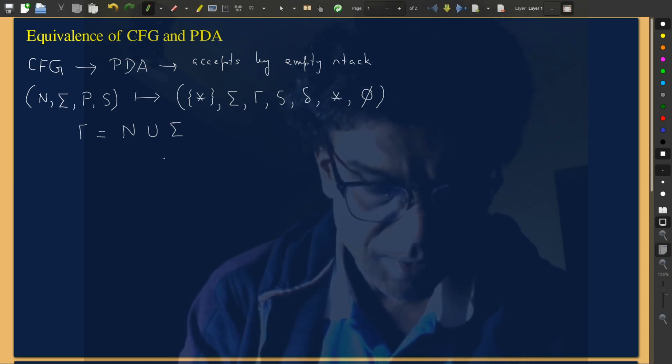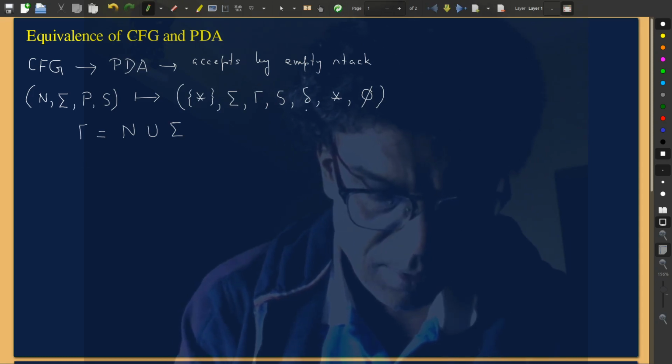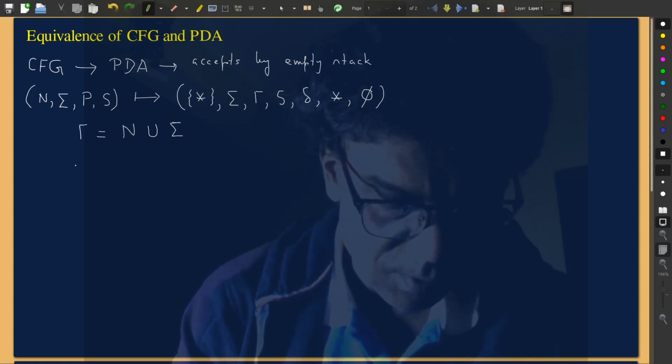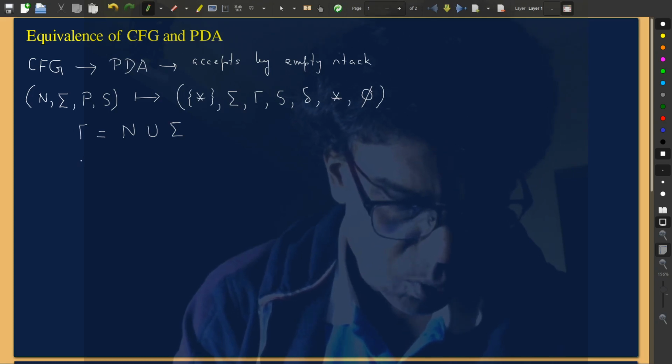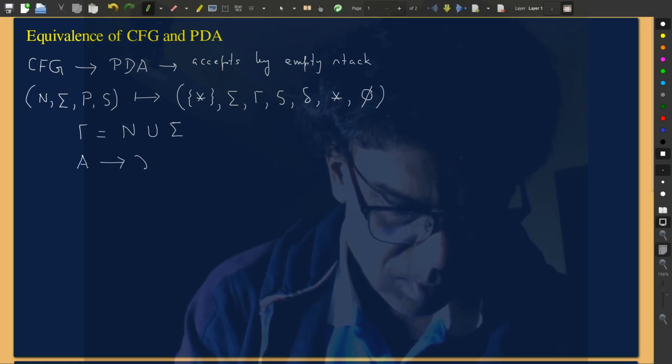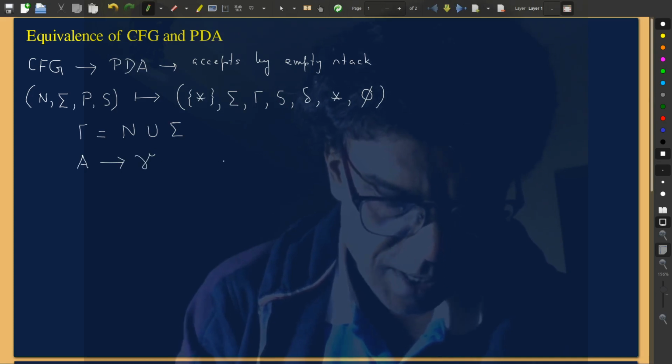And then I have to think of something like this. Whenever I have a rule of the form, let's say A goes to gamma, corresponding to this, I will add the transition delta.